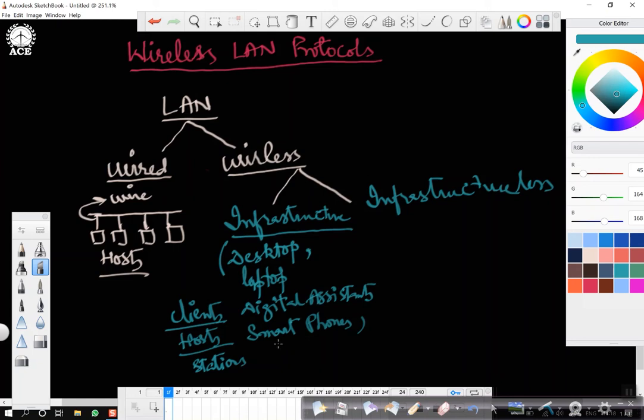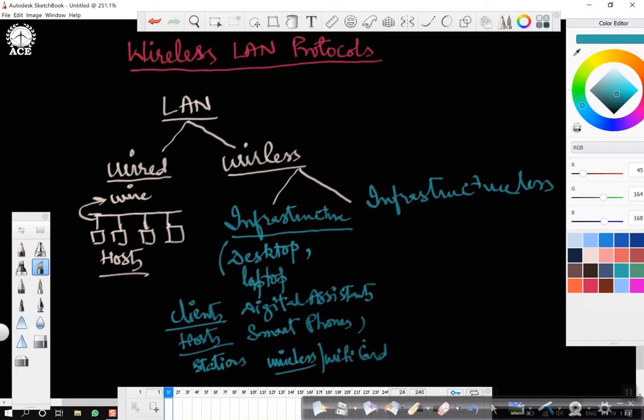These could be the hosts, the clients. But the point is all these must support a wireless adapter, a Wi-Fi card. You might have seen on Google how a wireless or Wi-Fi card looks. I showed you in chapter 1, unit 1, how a Wi-Fi card looks. So all these will have a wireless interface, this wireless adapter or Wi-Fi card.